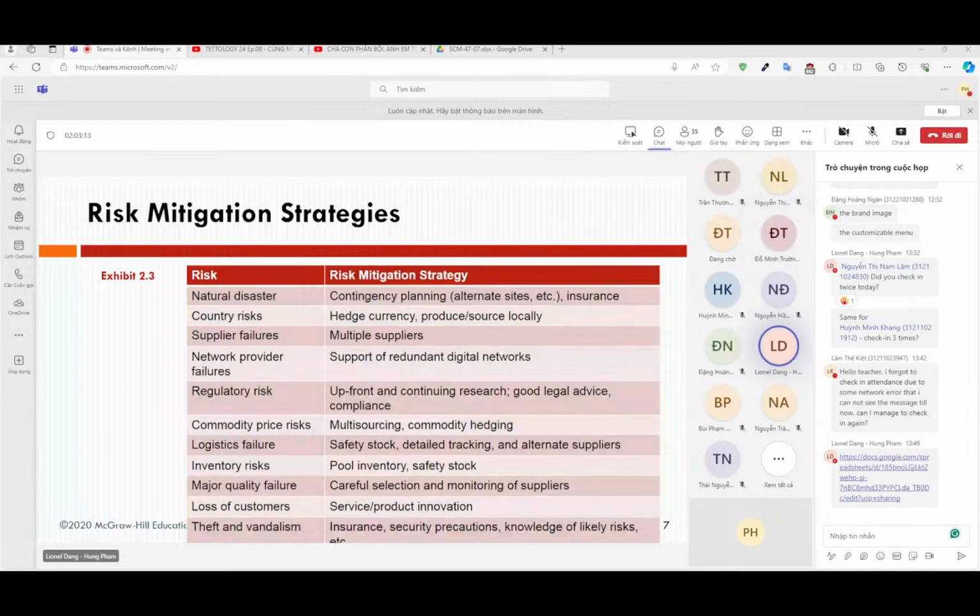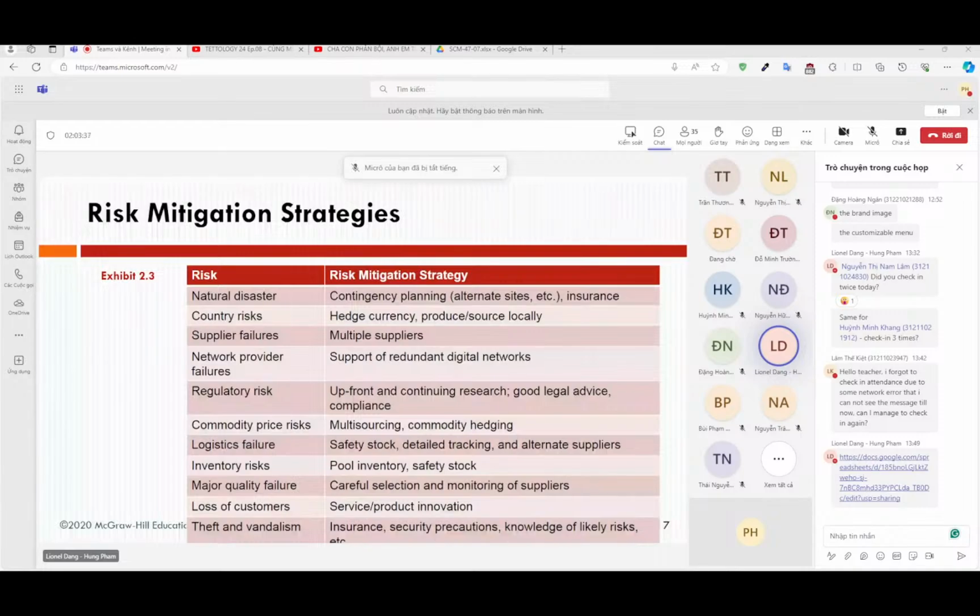And then you need to buy the insurance, right? Okay. You don't need to go one by one, but give a real example. You are in the group EM2, right? You are entrepreneur manufacturing.